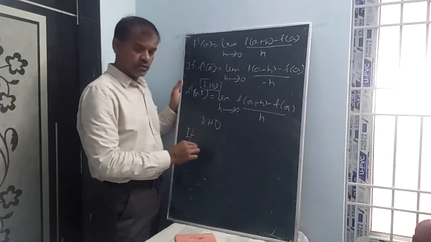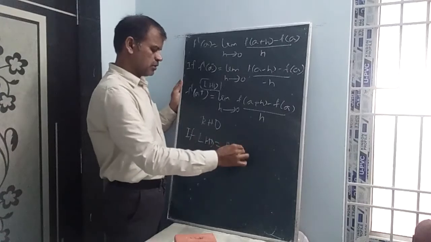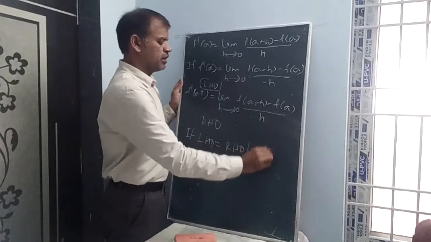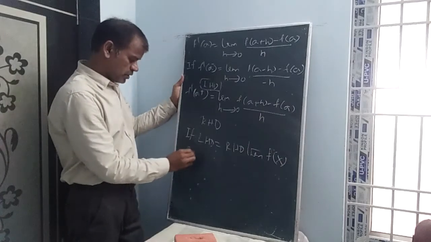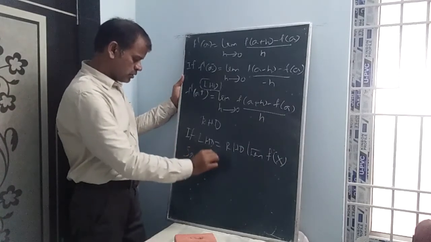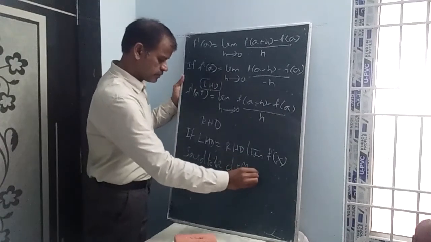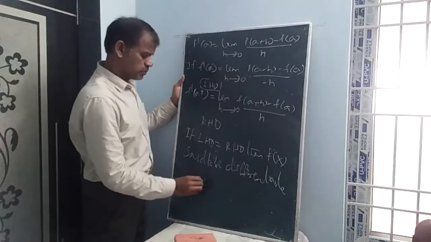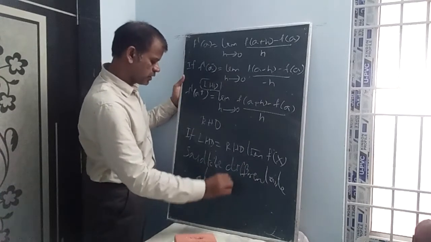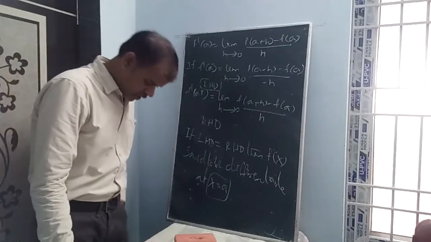If LHD is equal to RHD, then f(x) is said to be differentiable at x = a. So LHD should be equal to RHD.